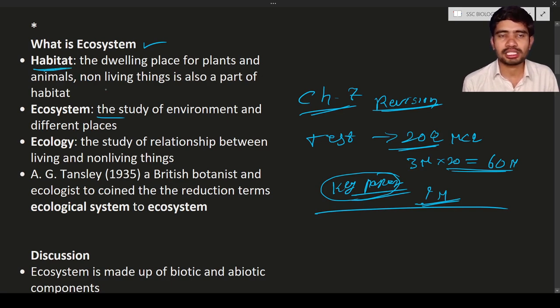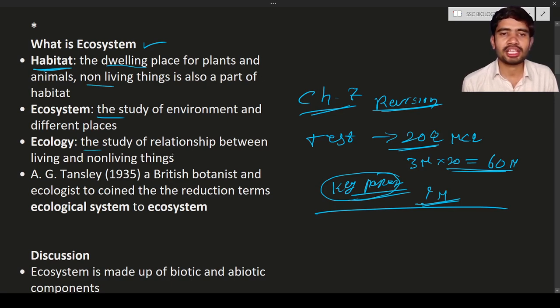Habitat means the dwelling place where the organisms live. For example, your colony is your dwelling place, your home is your dwelling place. Habitat means where the organisms live, and non-living things are also a part of the habitat. Next is ecology.